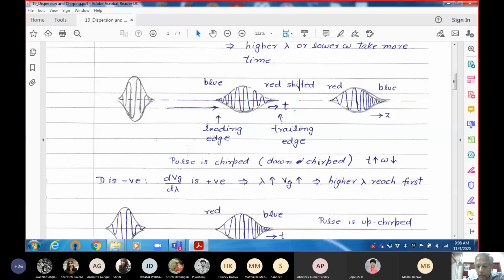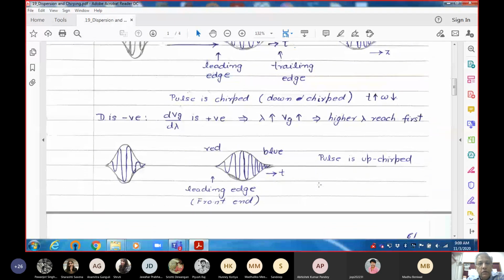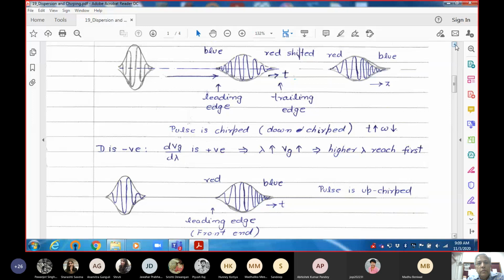And in a similar fashion, if D is negative, then dVg by d lambda would be positive, and higher wavelengths travel with higher group velocity, so they reach first. So now the leading edge would be red shifted and the trailing edge would be blue shifted. Now you should see it carefully.